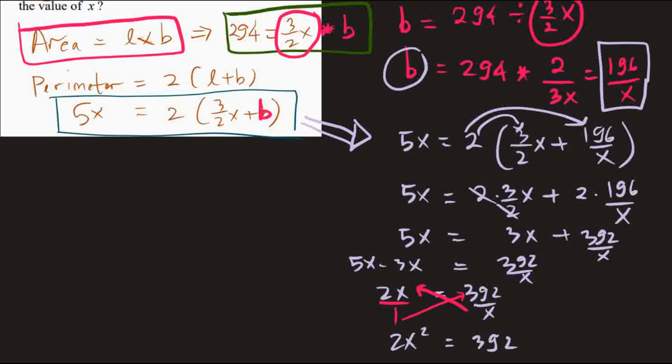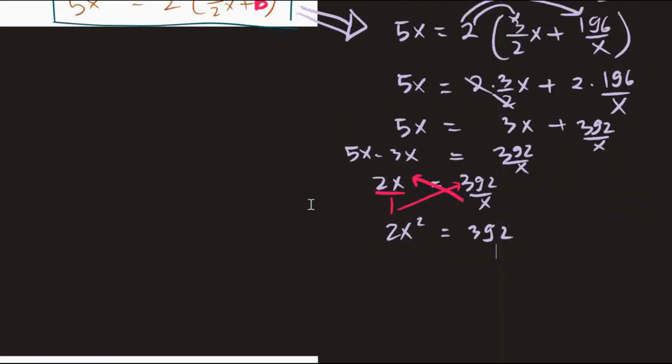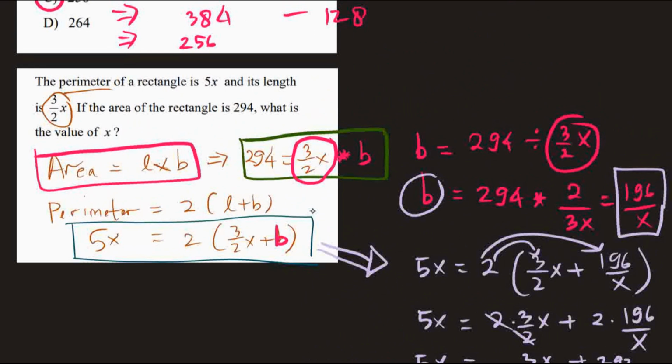Then x squared equals to 392 divided by 2, which is 196, and x equals to square root of 196 equals to 14. That will be the value of x. The value of x is equal to 14. That will be our final answer.